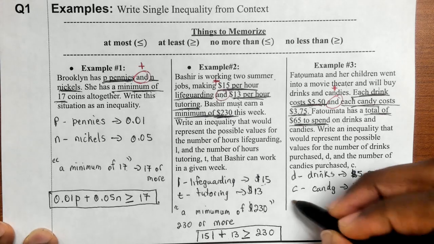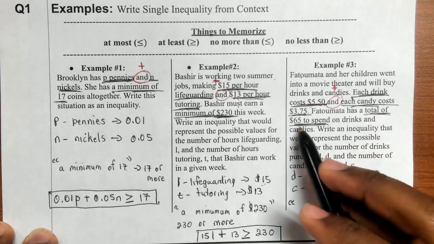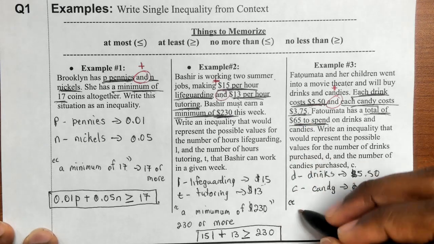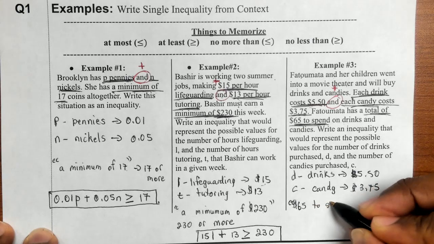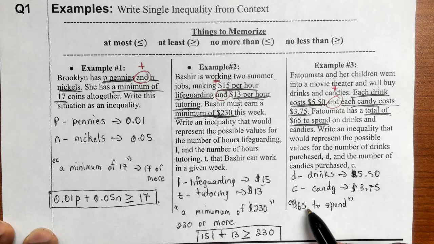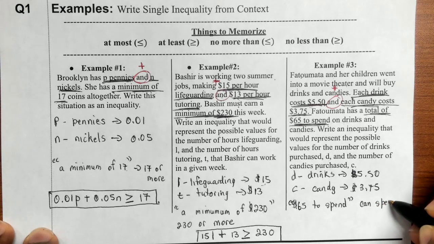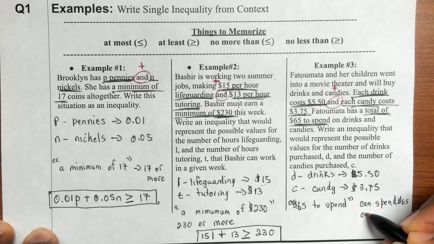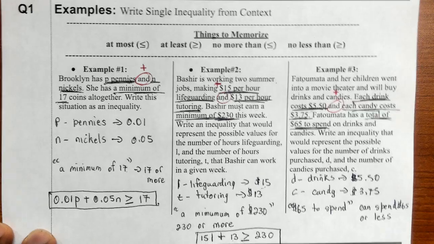She has a total of $65 to spend, which means the most that she can spend is $65. She can spend $65 or less. She can't spend more than 65 because that's the amount of money she has.